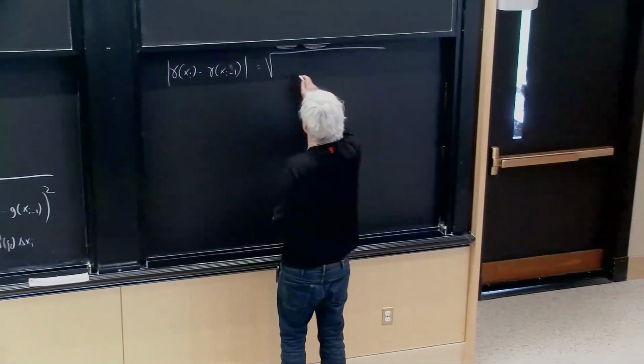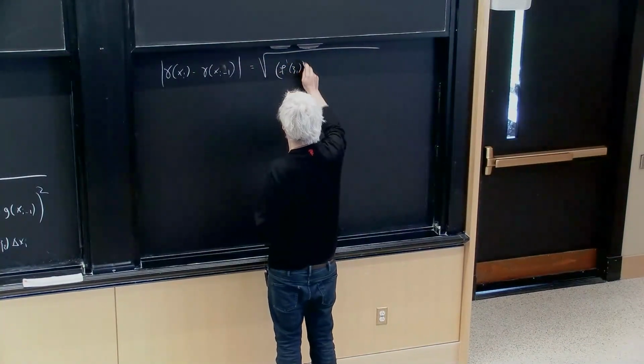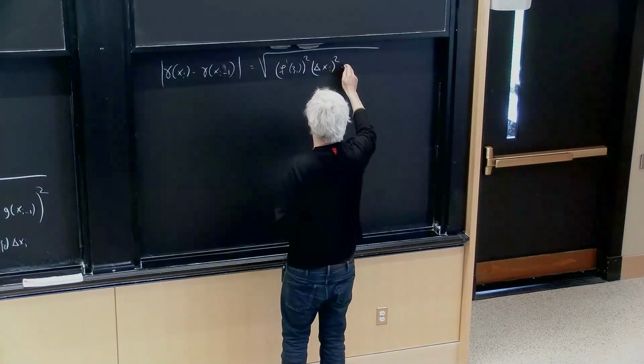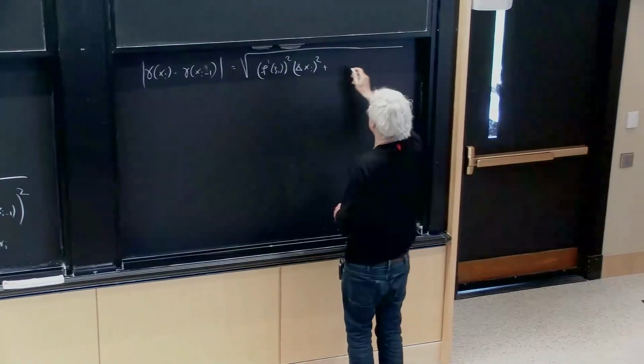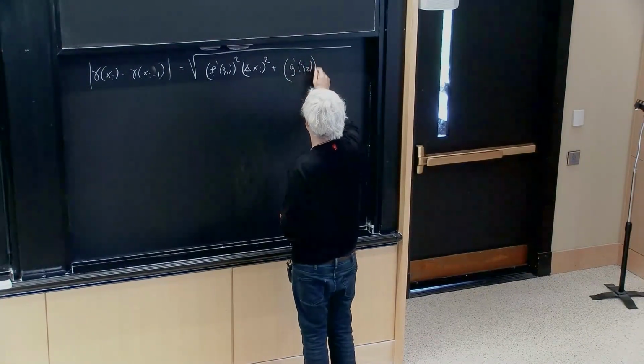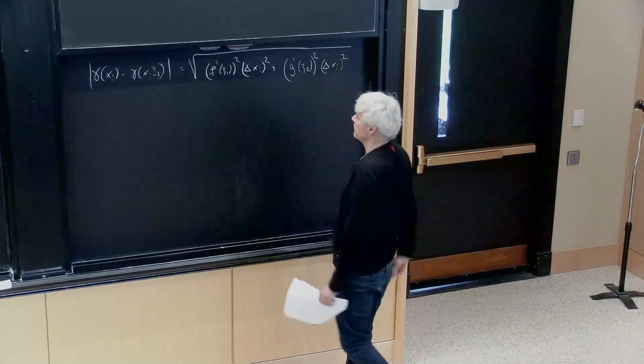So it's f prime like this, squared, delta x_i squared, plus g prime squared, delta x_i squared. Okay.